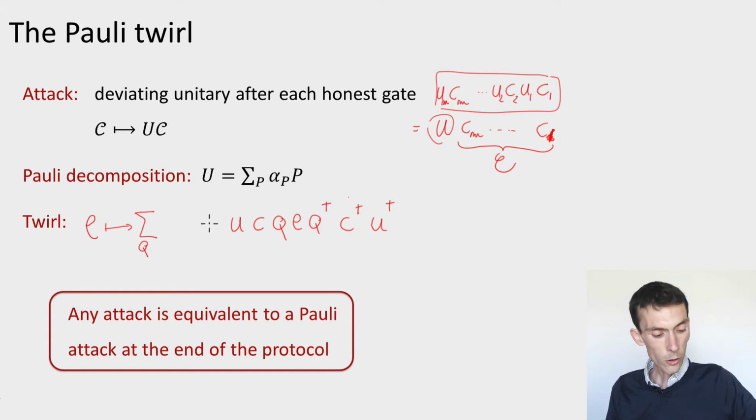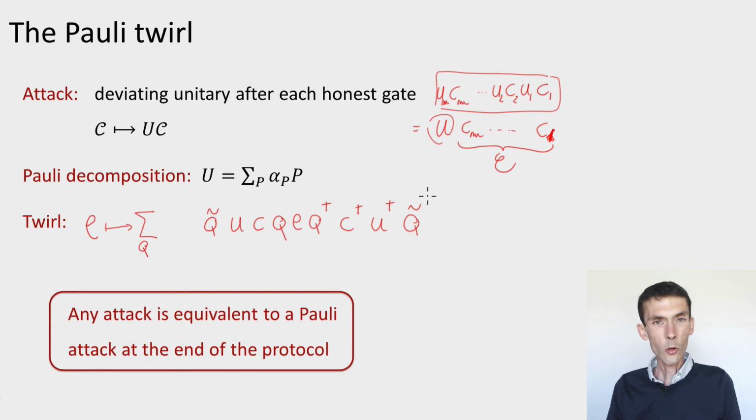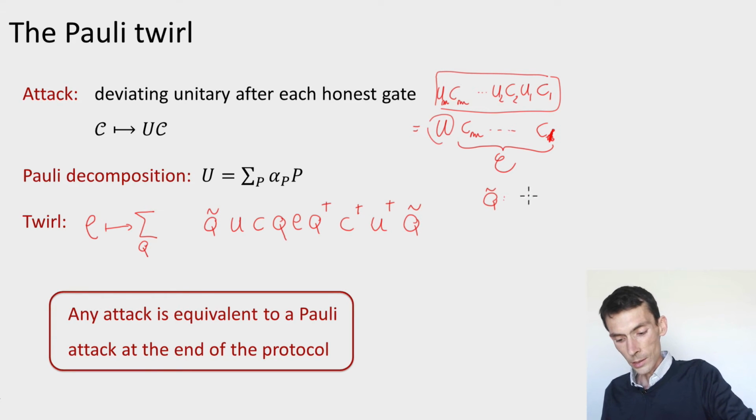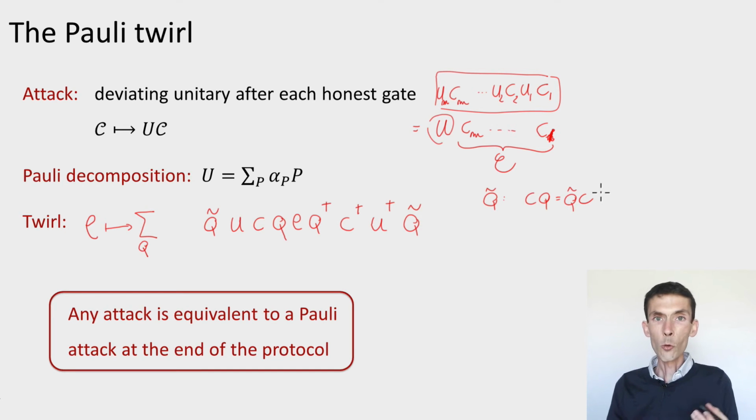So this is another Pauli operator, call it Q tilde, that's executed at the end of the protocol, and this Q tilde is chosen so that the identity CQ equals Q tilde C holds. Right? The point of Q tilde is to undo the quantum one-time pad after having been updated as the execution of the circuit was going through.